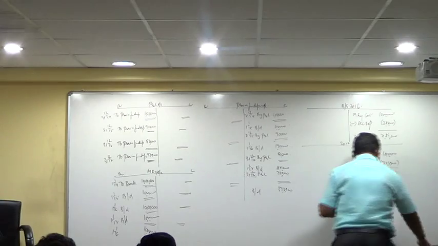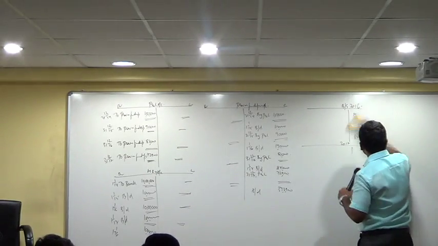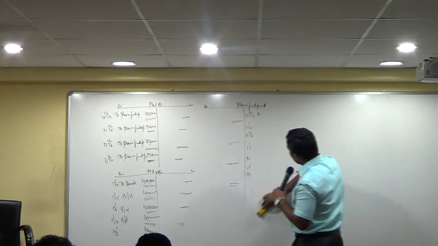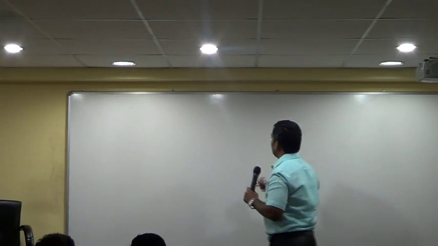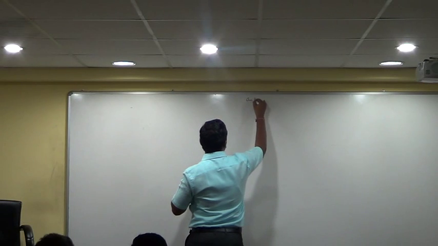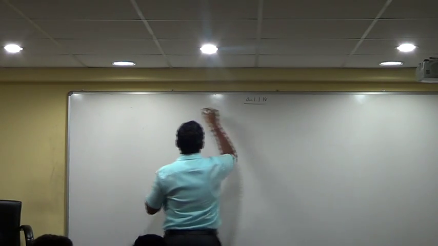Just look at the board, everyone. Under this method, if there is a disposal, how are you going to deal with it? On 1st January 2018, this is the position.